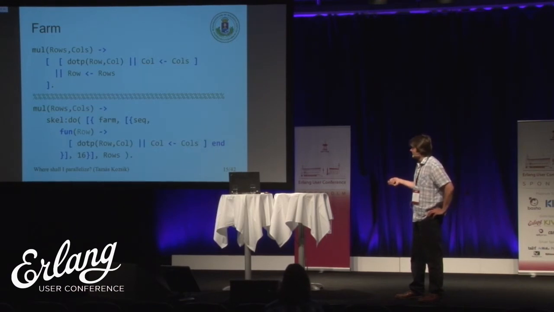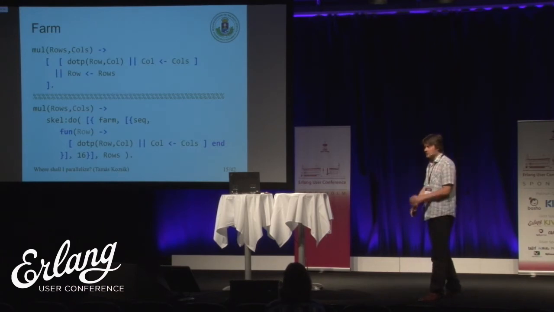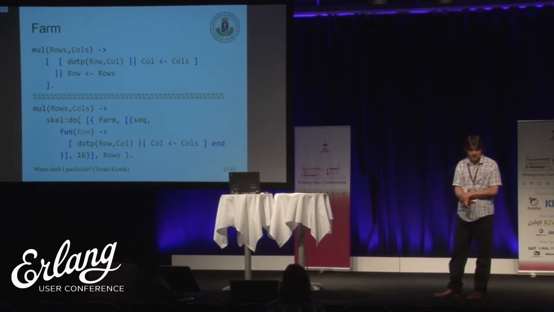And this is turned now into a function that takes a row from the left matrix and produces an output row. And I will pass this function to each of the workers in the farm. In this example, I have 16 workers. Of course, you have to tune this value based on the available hardware resources.